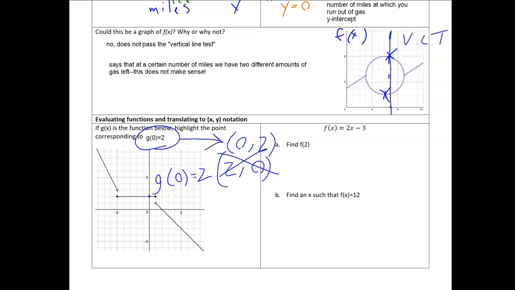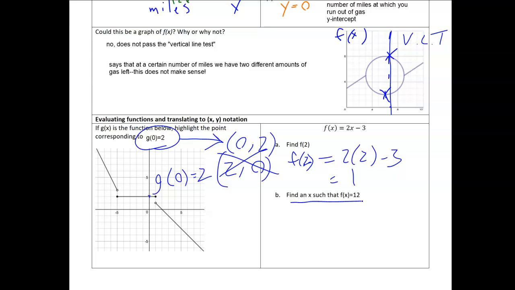And then f of 2, just so you know how to operate this algebraically, f of 2 is equal to 2 times 2 minus 3. That for sure you all know how to do. So what does that spit out? 1, right? So we'd say f of 2 is equal to 1. And then find an x such that f of x equals 12.